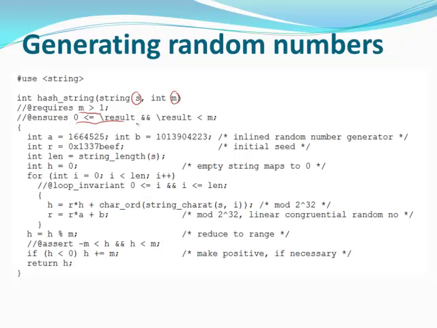You expect m to be some value strictly greater than 1, and you expect the result to come between 0 and m minus 1. The idea would be that we choose two numbers that are relatively prime. Again, we're not going to go into the details of the mathematics behind this. This is the linear congruential random number generator.